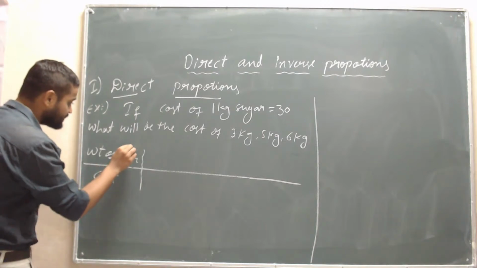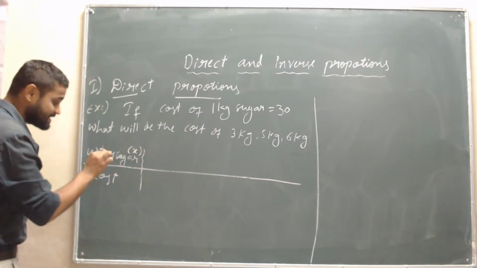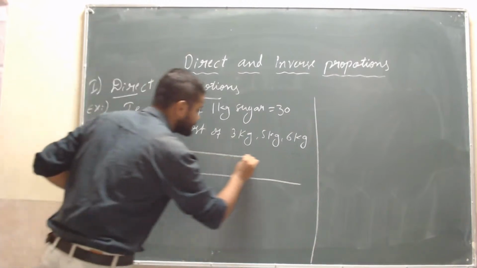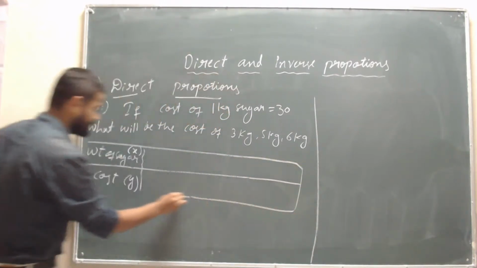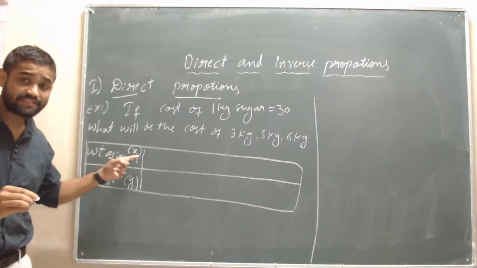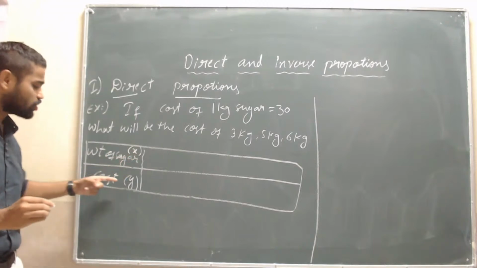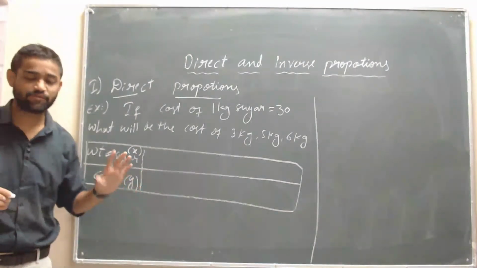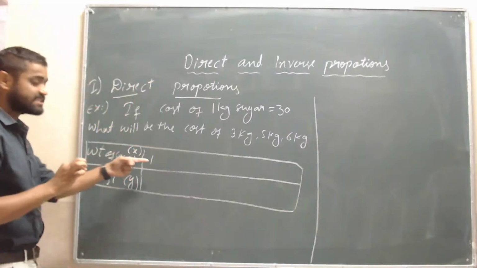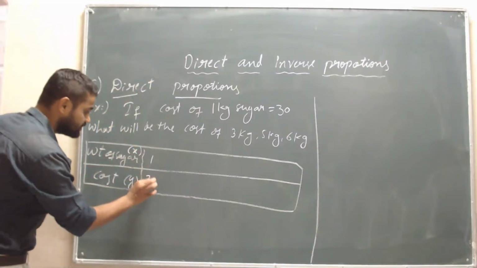Let us assume that the weight of sugar is X and the cost of sugar is Y. Okay, this is a simple table, students. And you know that for 1 kg sugar, the cost is 30 rupees.